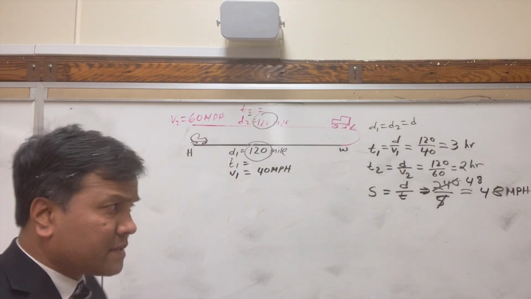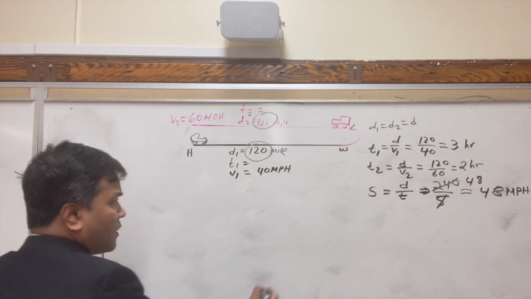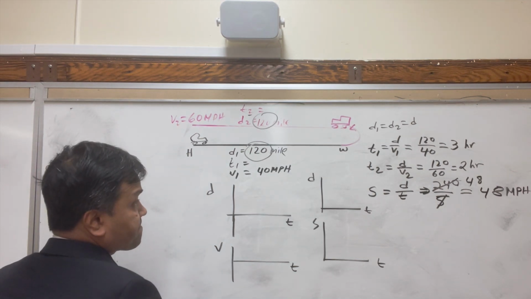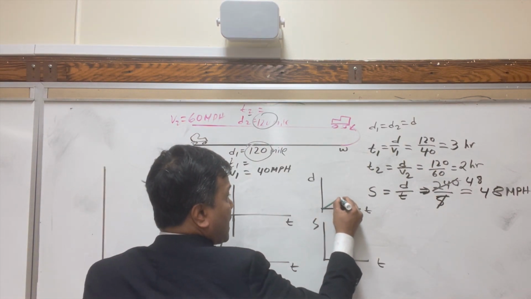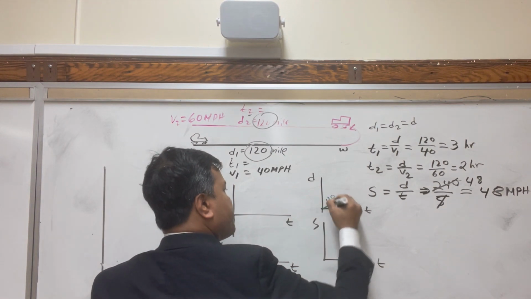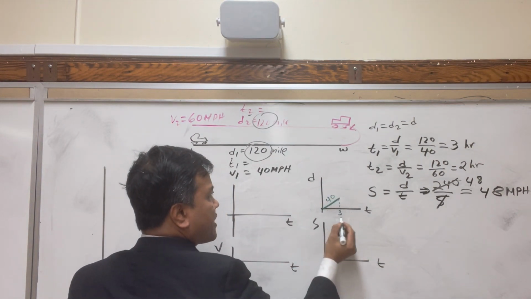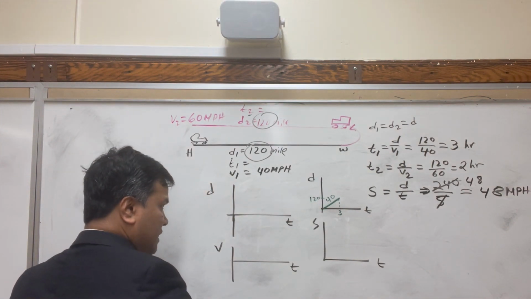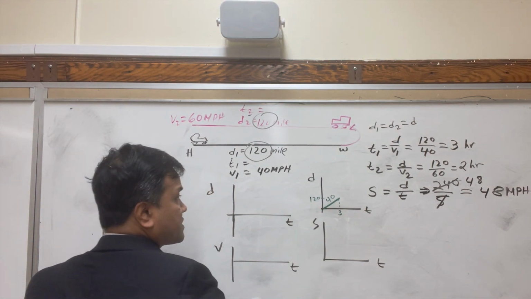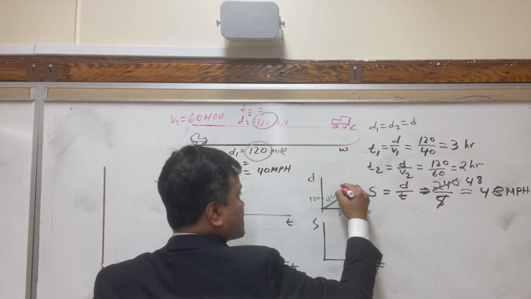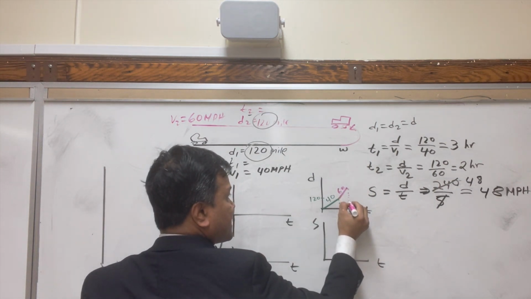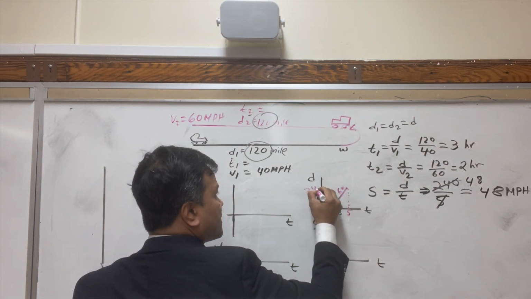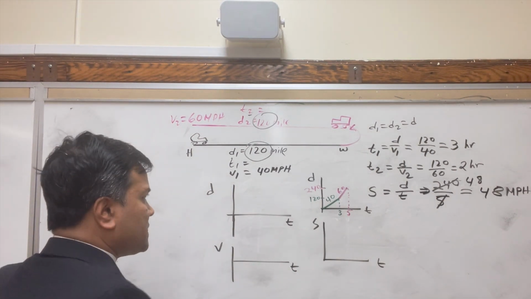That's the average speed. Okay, now we're going to draw time. So now d, this is 40 and it takes 3 hours to cover 120 miles. This is 60, it takes an additional 2 hours to cover an additional 120 miles.